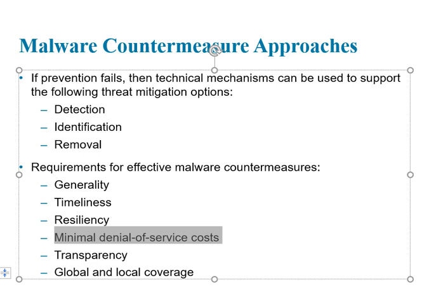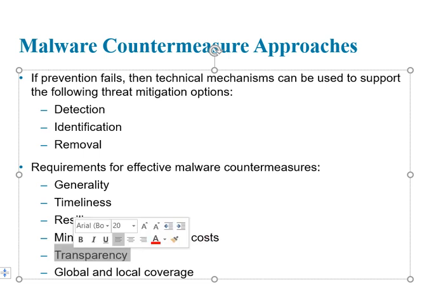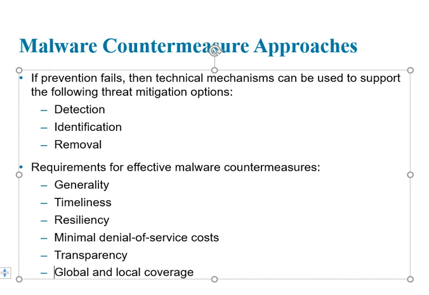That means denial of service cost: downtime must be minimum. Then transparency. We need a solution that is transparent to the user, so the user knows what happened and how to act based on the situation.